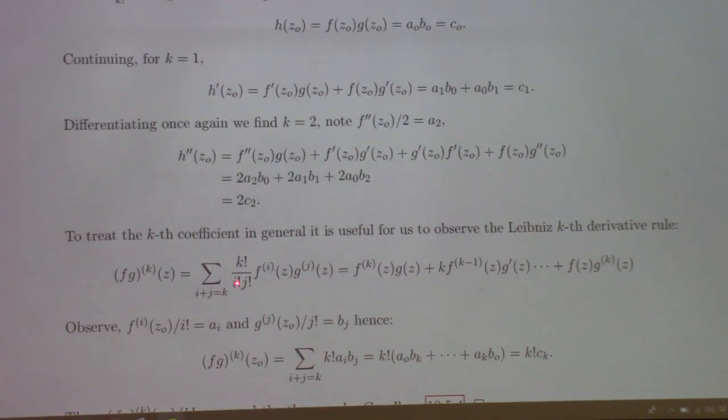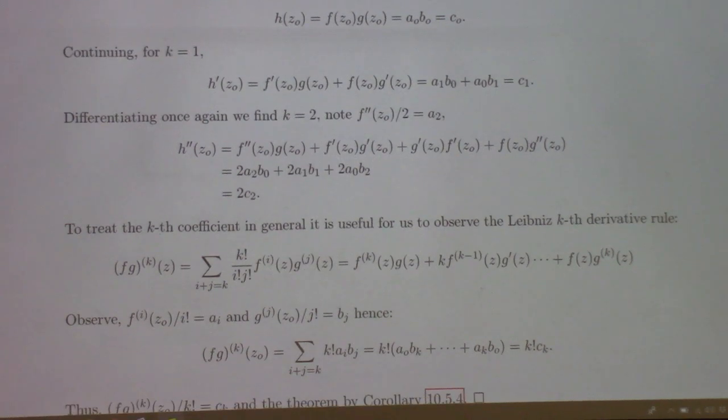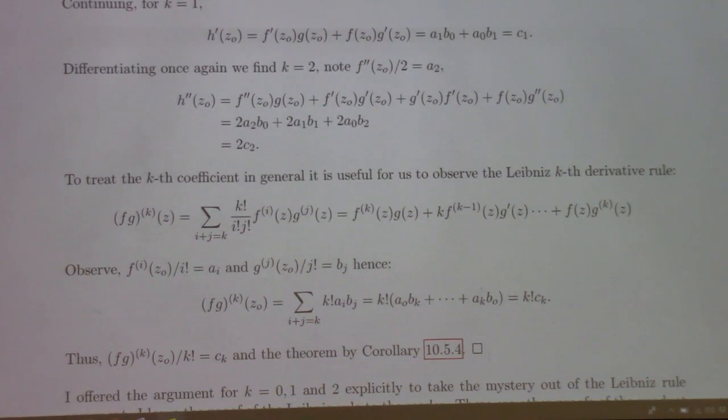I've eaten up the factorials, and I'm just left with k factorial a_i b_j, but that's exactly k factorial c_k. So there you go. That's the theorem, because we've just shown that the kth derivative of the product matches the kth term in the Cauchy product.